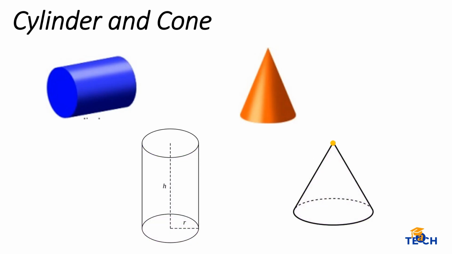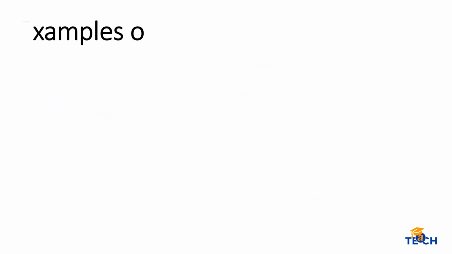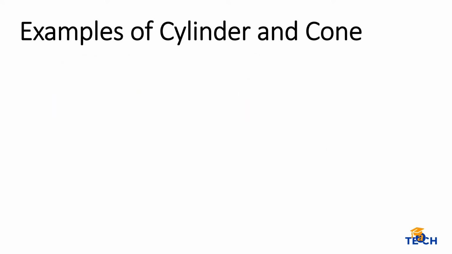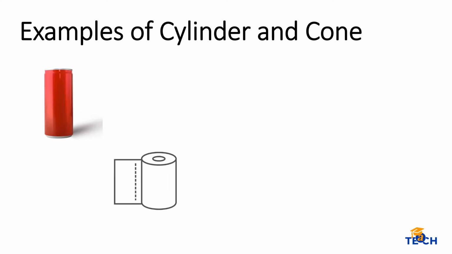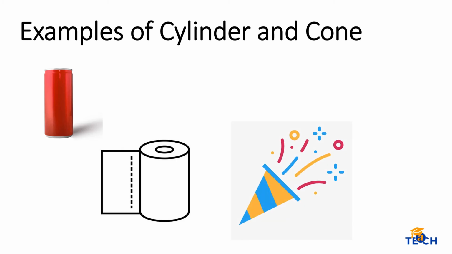For the edges, there are 2 circular edges for a cylinder and only 1 for a cone. As you can observe, there is no vertex for a cylinder, but there is 1 for a cone. Let us go to the examples. For cylinders, it includes a Coke can and a tissue roll. So for cones, we have here a party horn and a party hat.